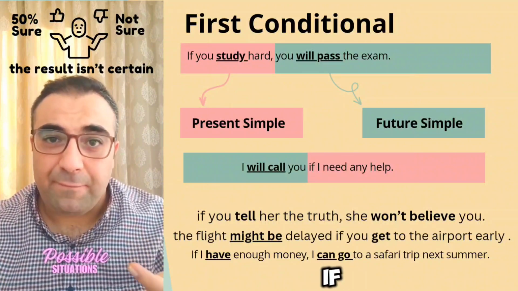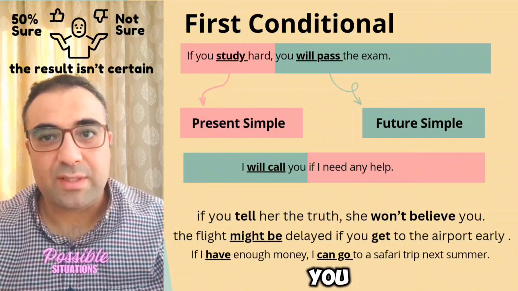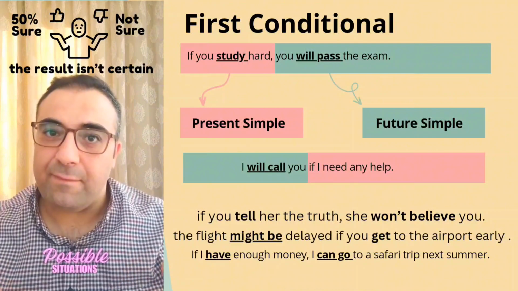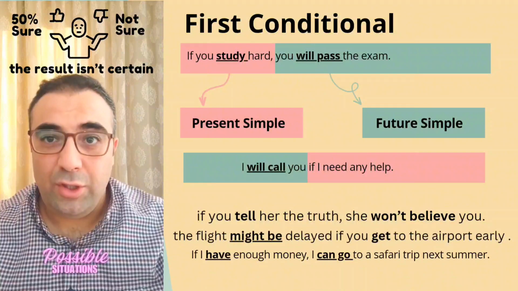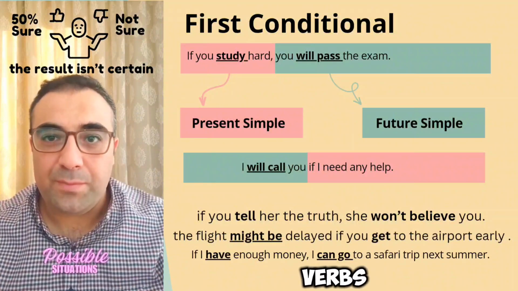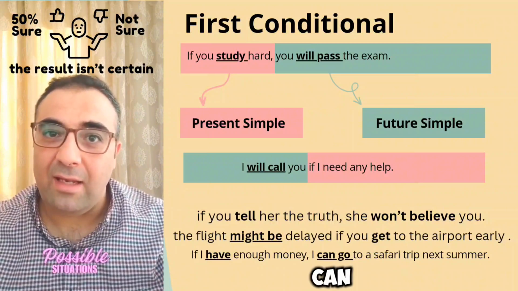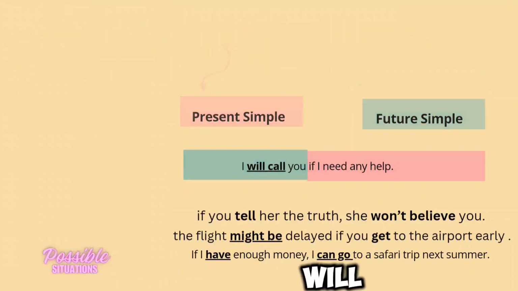So, if clause in the present simple, you study, and result clause, will plus infinitive, will pass. We can also use other modal verbs in result sentences, like can, may, or might instead of will.